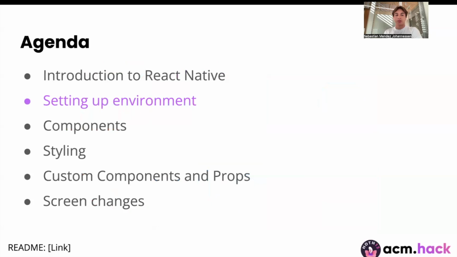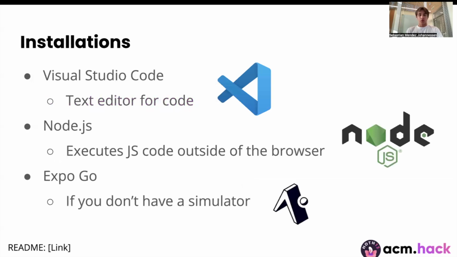So next up is setting up our environment. You're gonna have to install a few things before you can set up your environment. So first of all, you're gonna be needing a text editor for your code. And in this workshop, we're gonna be using Visual Studio Code.